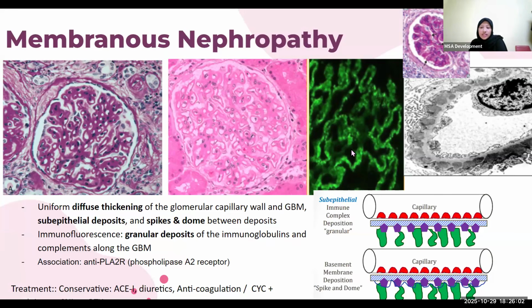This is immunofluorescence. If you stained the kidney, let's say the biopsy, these immune complexes would light up. That just shows that there are deposits present along the capillaries. Now, this association with anti-PLA2R is important.